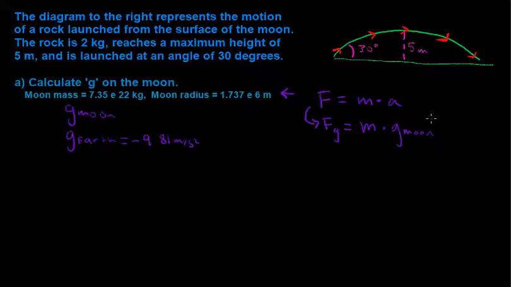And so we have an equation that fits what we're trying to look for, acceleration due to gravity, but we need another equation, supposedly something that should fit what we're given here, the mass of the moon and the radius of the moon.